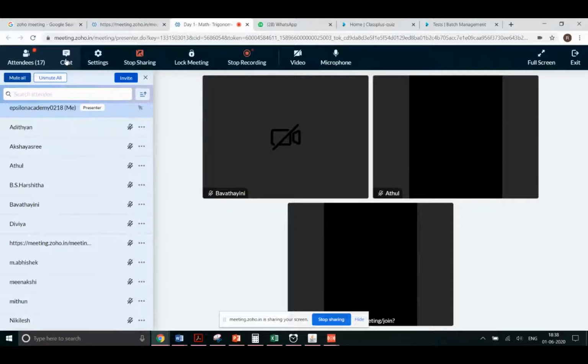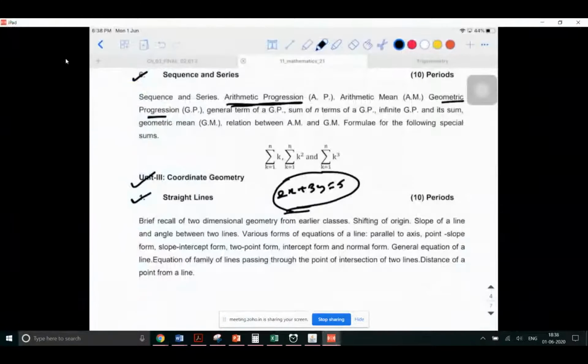Can someone tell me? If I ask you, what does a linear equation in two variables represent when you draw it on a graph sheet? It represents a straight line. It's a straight line. Very good.